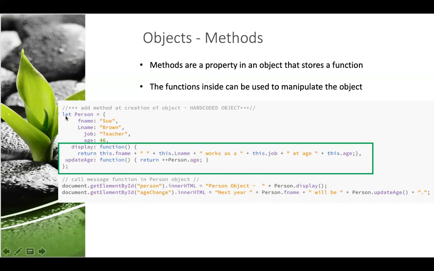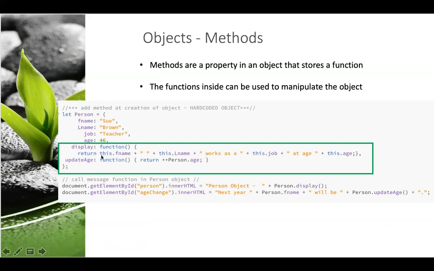So here we've got an object, person, with first name, last name, job, age: Sue, Brown, teacher, 46. This is a function here. You just say function, and what this is going to do is return, the function's name is display, by the way, it's going to return this, which refers to the object you're currently working with.